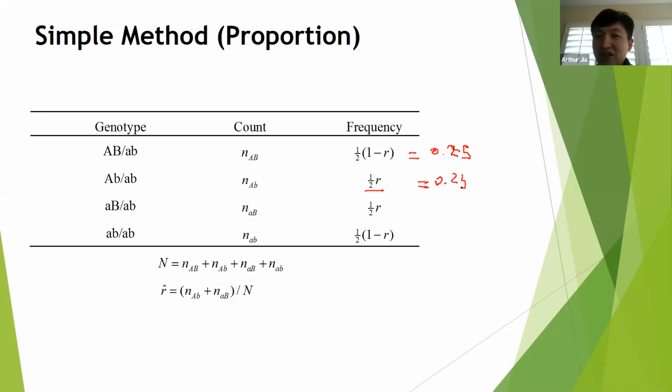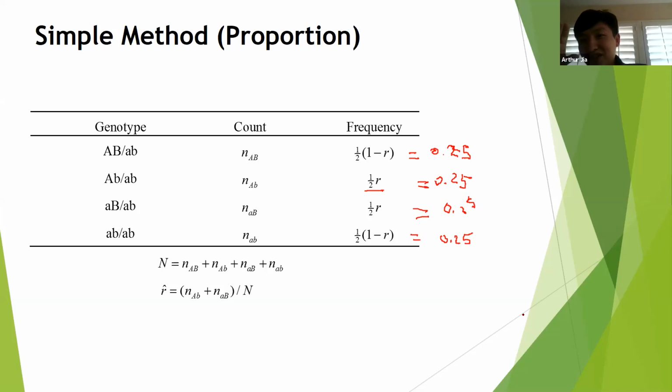If these two genes A, B are unlinked, you're going to end up with what? 1 to 1 to 1 to 1. Am I right? If R equals 0.5, which is the previous case, right?